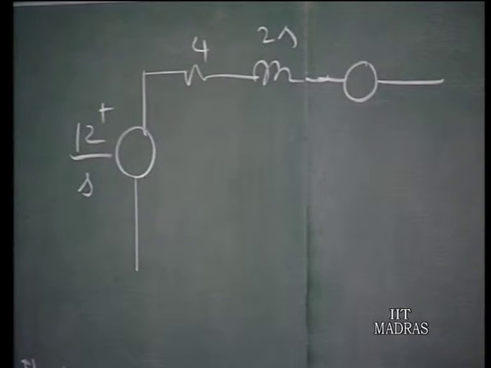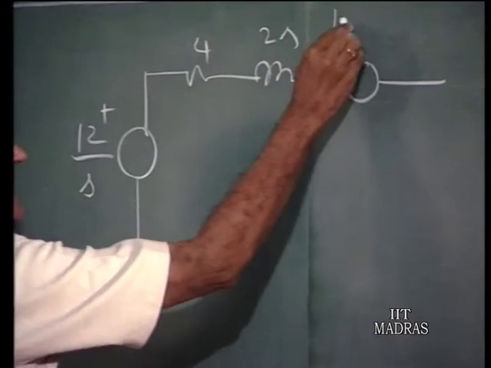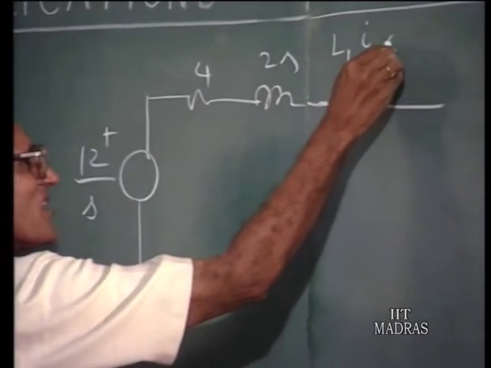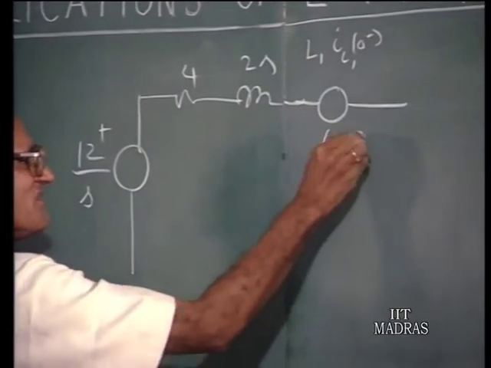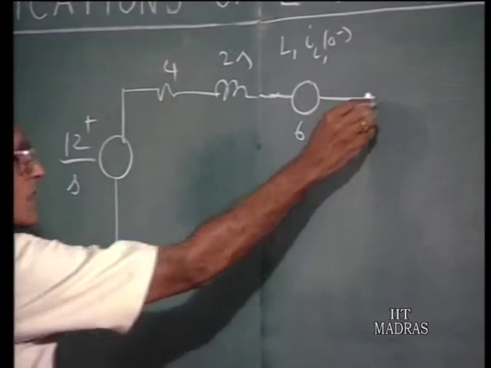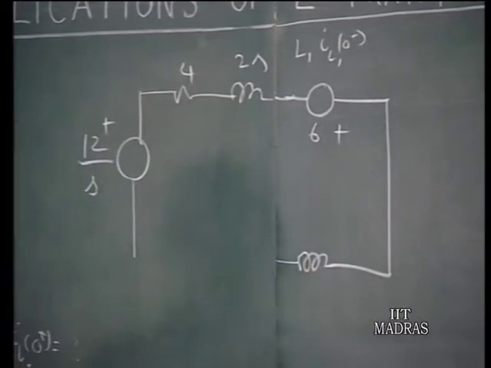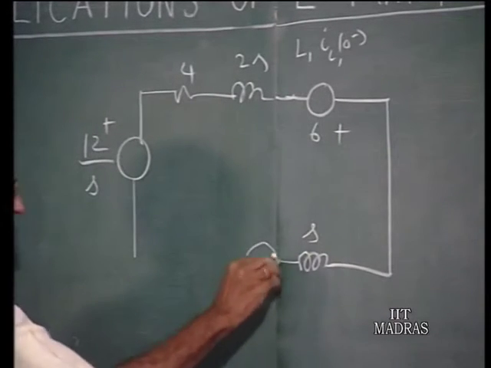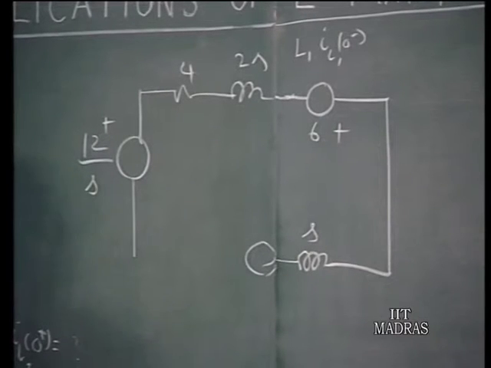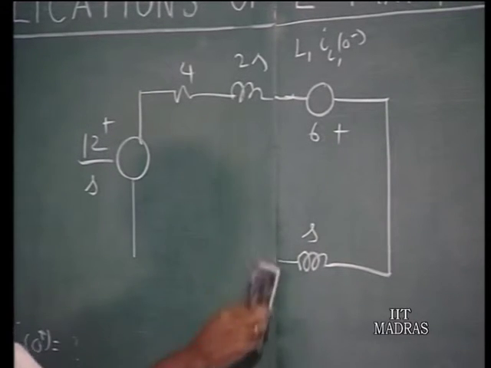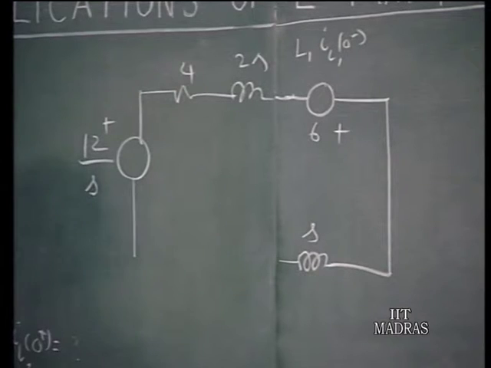The 0 minus value is 3 amperes, so 3 times 2 is 6, that is L1 times IL1 at 0 minus, which is 6. Down here you have inductance with impedance s, and the initial current is 0 at t equals 0 minus, therefore you may as well not have that source, and you have 4 ohms.